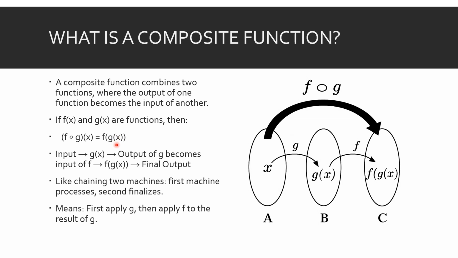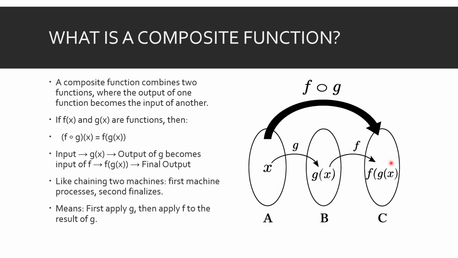So the g of x is the output of one function, and this time it has become the input of f. So a composite function is written in the form f o g.